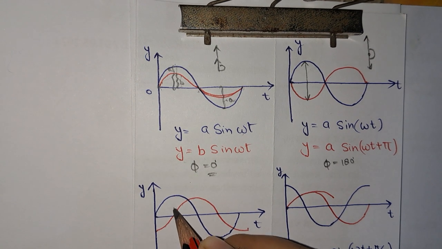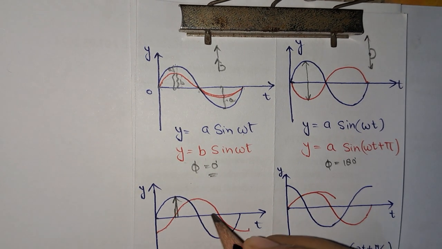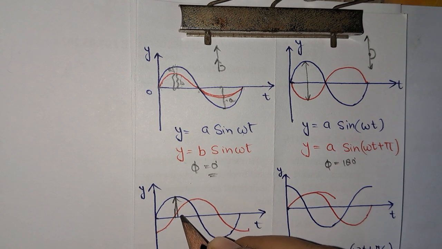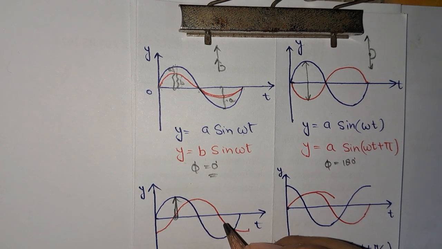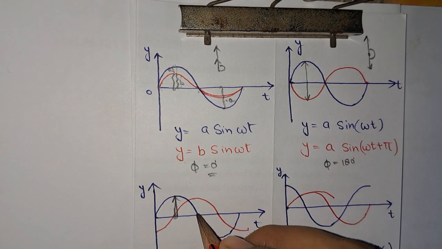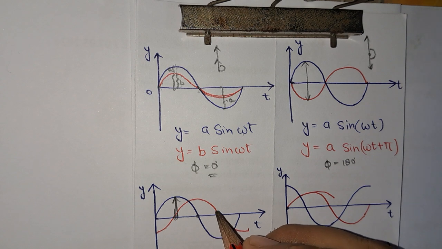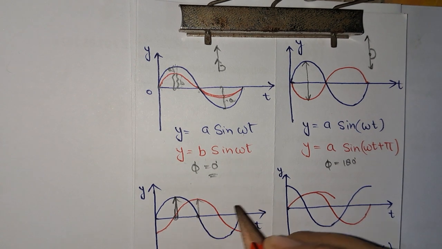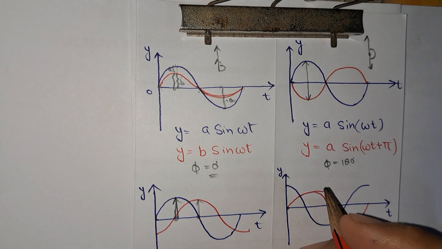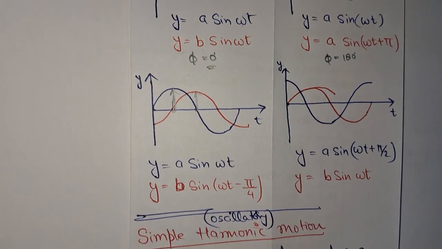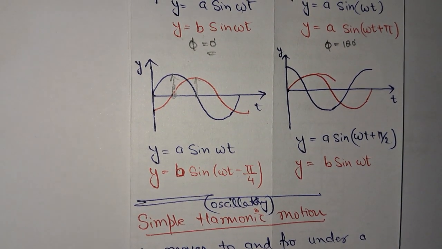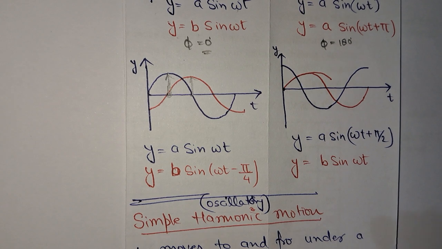When the particle is at the highest peak, the second particle at that point of time was at 0, and when the first particle reached 0, the first particle was at highest. So there is a small change in this also.